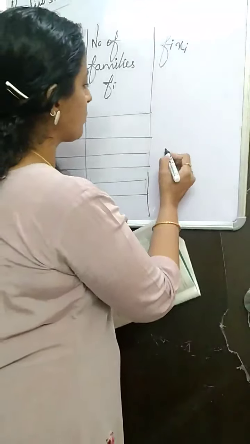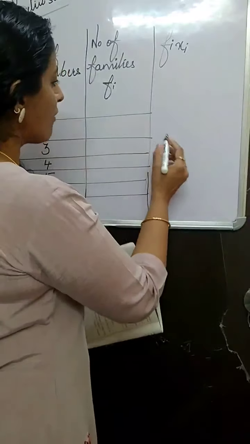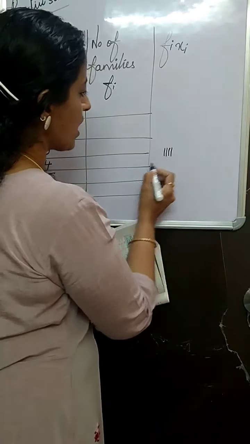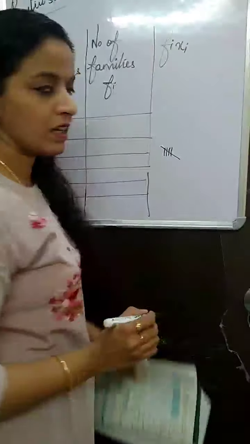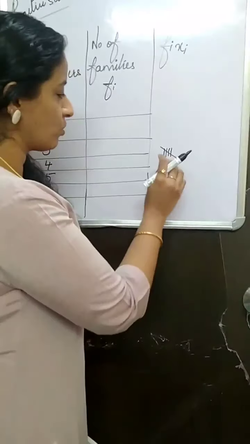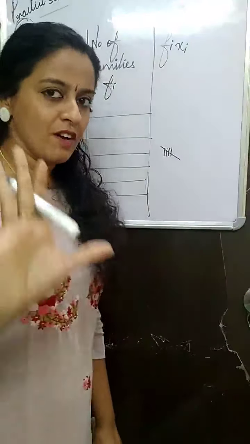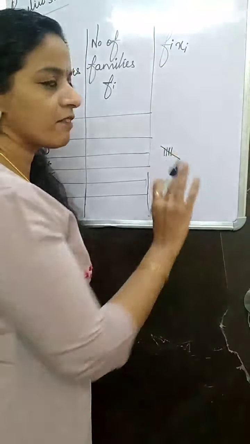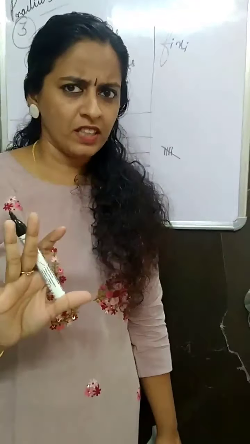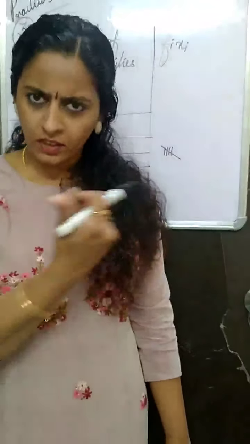For example, 1 tally mark. After you get 4 tally marks, the 5th one you will make a cut like this, so that the whole set is of 5. You have done this before. If you have forgotten, do it with me. You will be able to recollect.